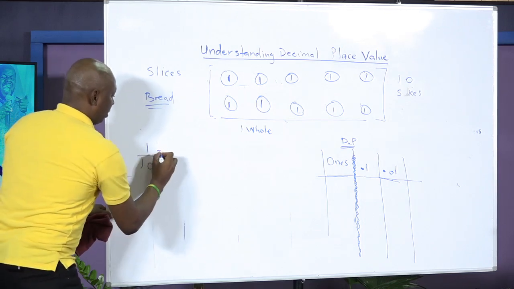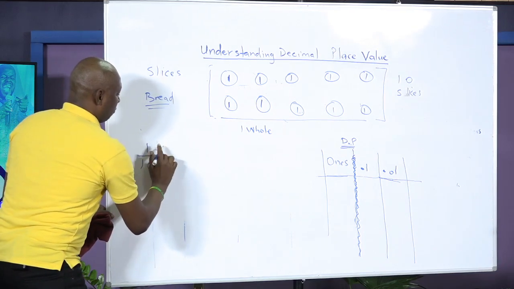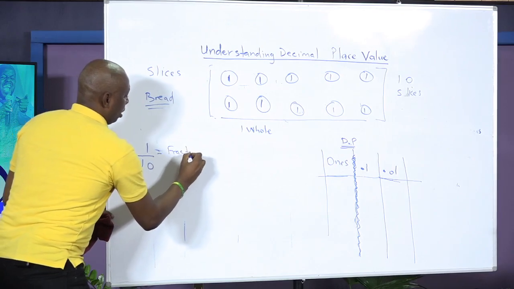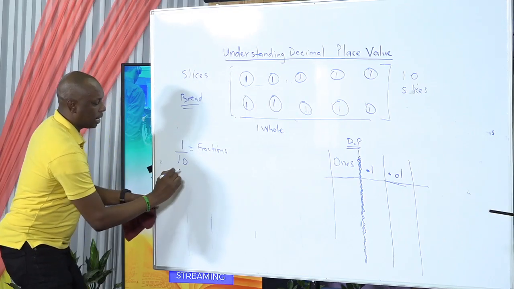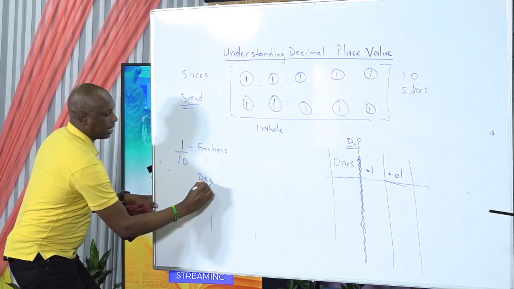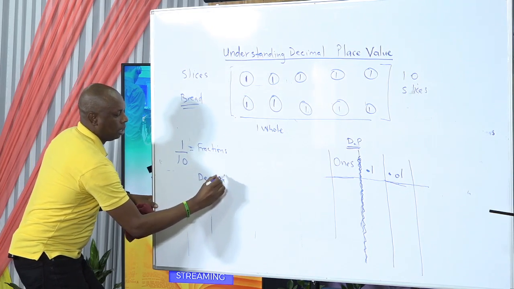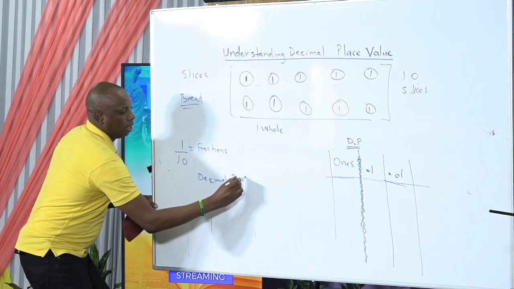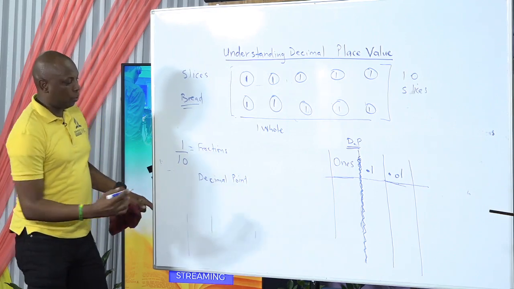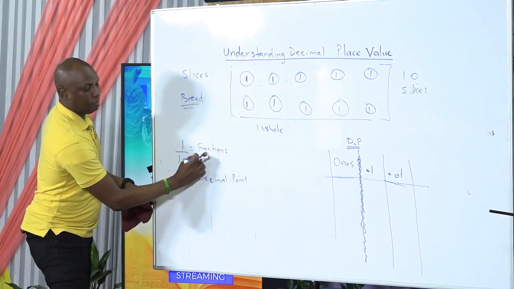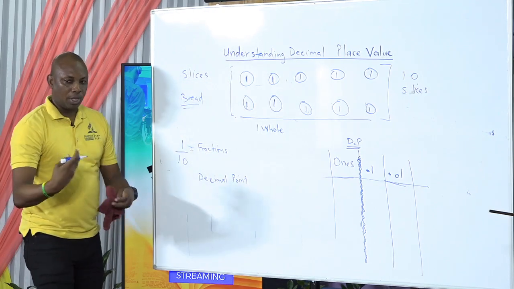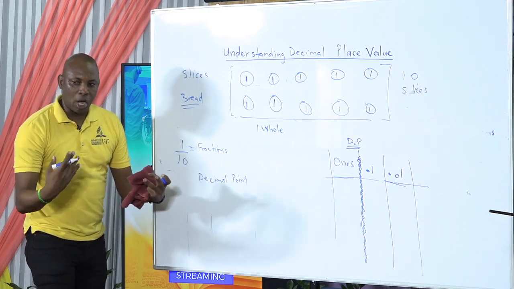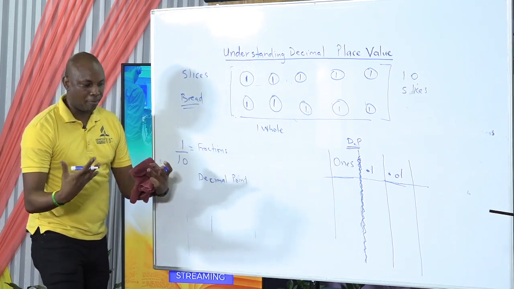Now, remember, decimals are not fractions. Decimals are used with a decimal point. It's just showing us, using a decimal point, our fractional value. So they are really the same concept, but written in a different form.